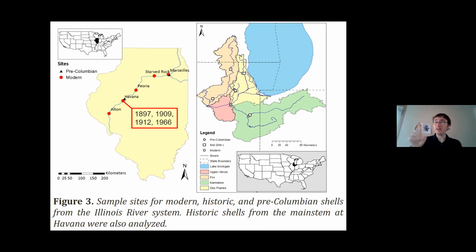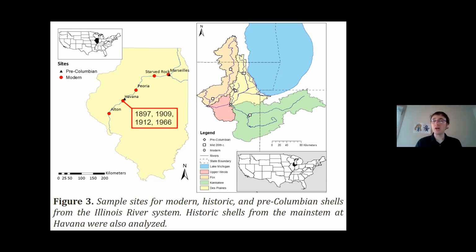One of those sites, Havana, also had archived shells that they were able to use from 1897, 1909, 1912, 1966. And that site at Havana is also where the Archaeological Survey had some shell middens. Havana, Illinois is actually the site of Dixon Mounds, a famous archaeological site of pre-Columbian America.